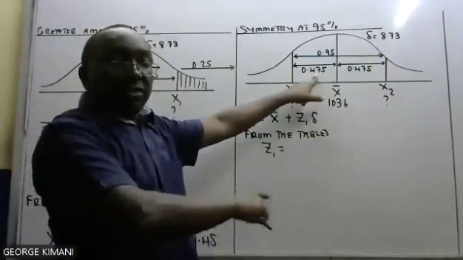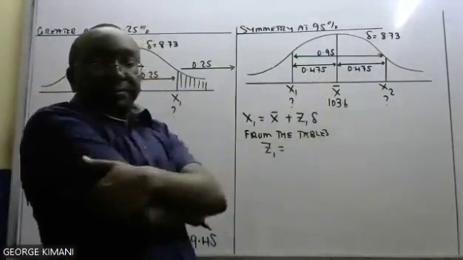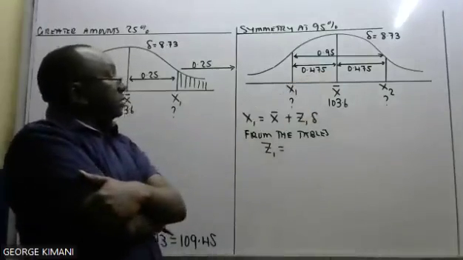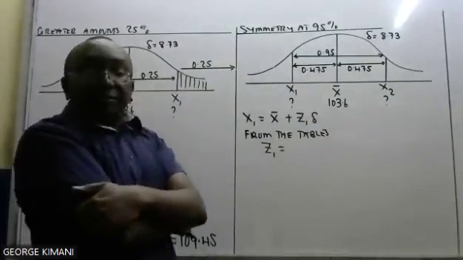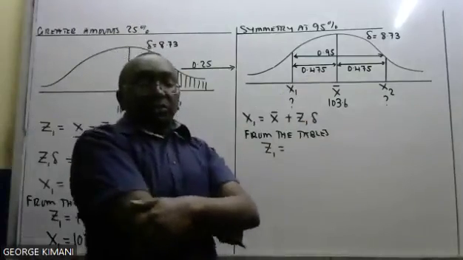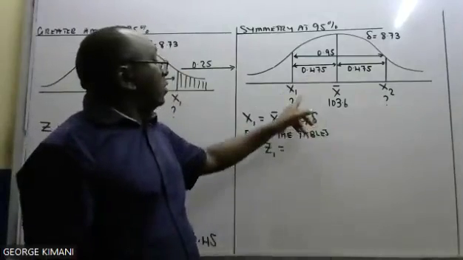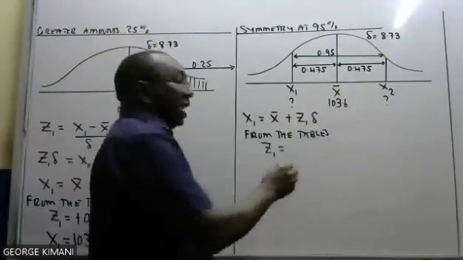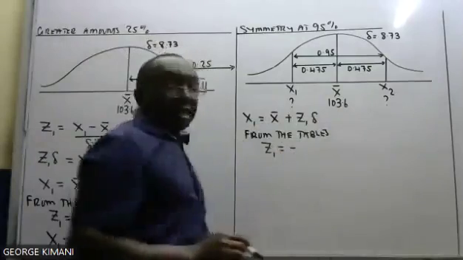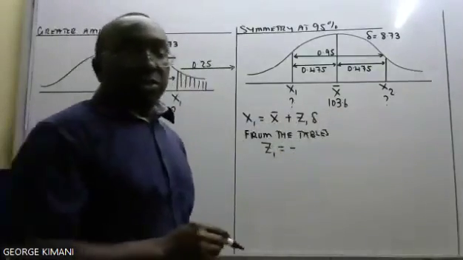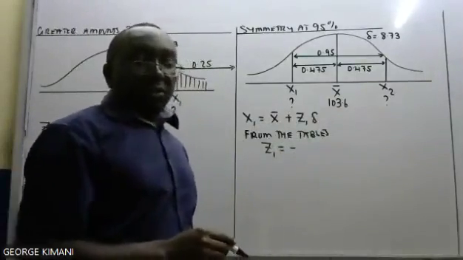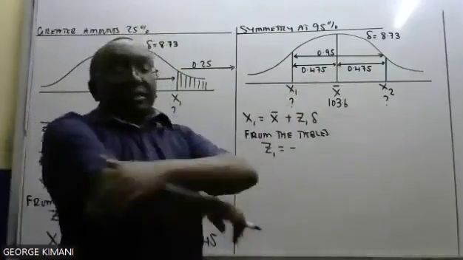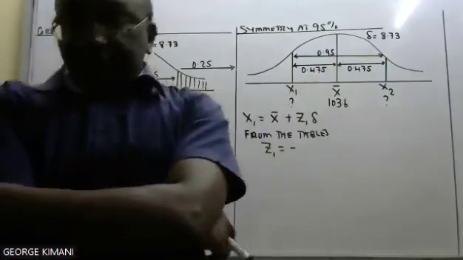You tell me the value in the row and the value in the column. And before you look, remember what I told you, that as long as your X is on the lower side of X bar, the value of Z will be negative. So the answer that I'm going to get from you will be a negative value, or we shall assign it a negative sign. So read for me this, 0.475.